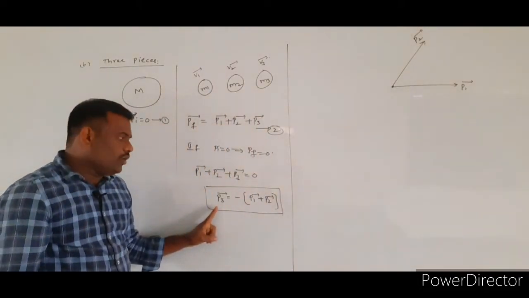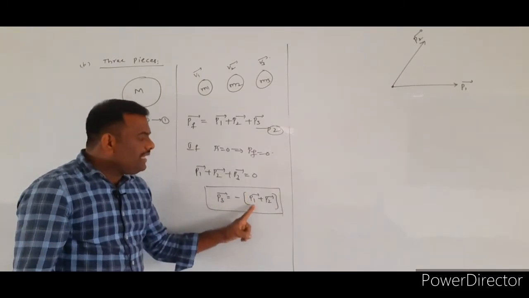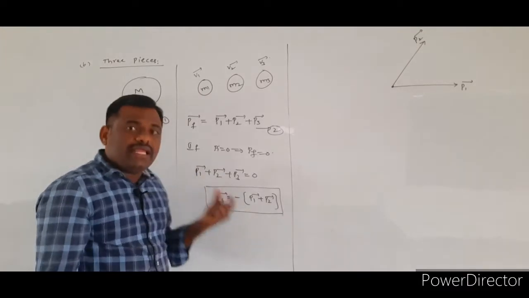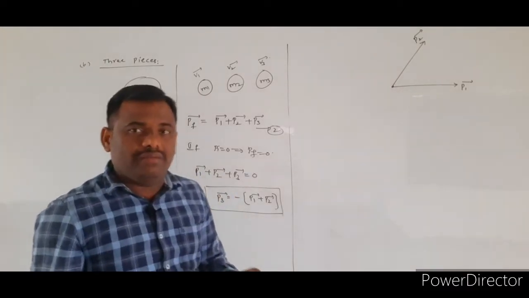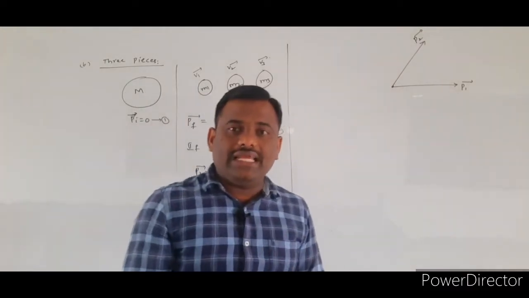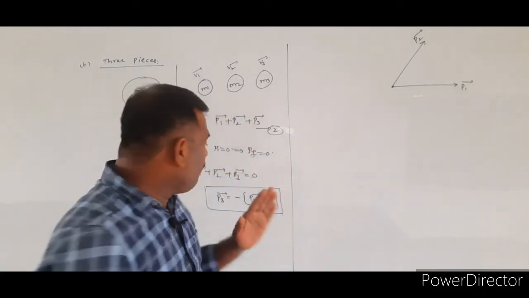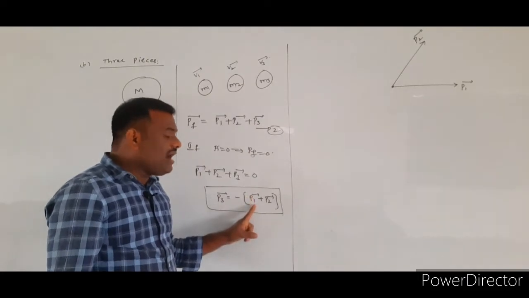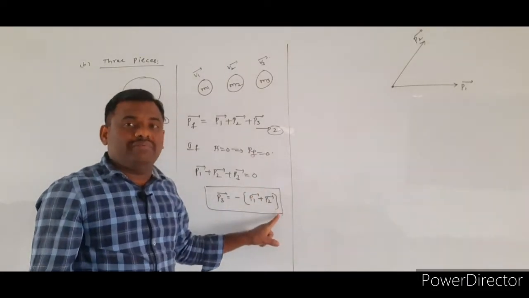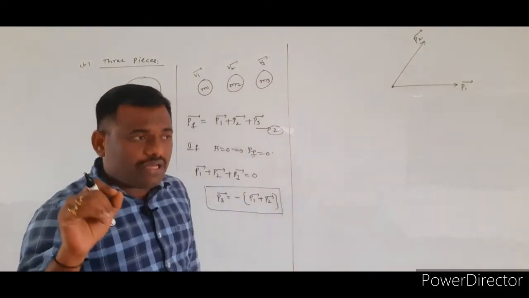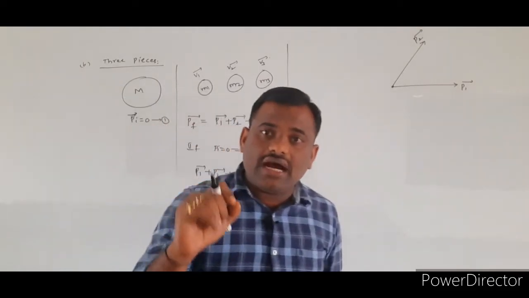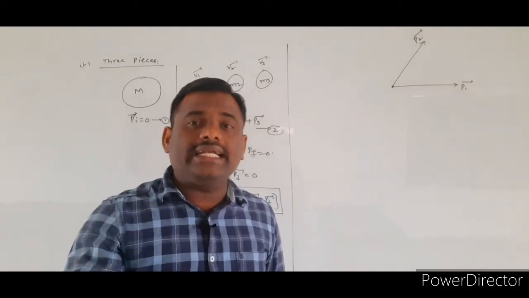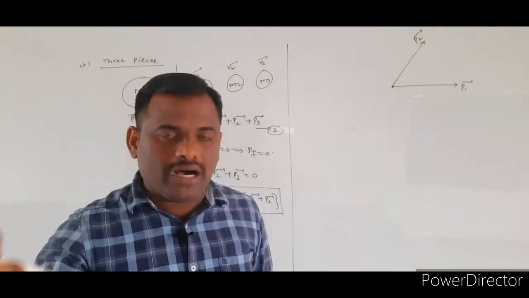Here P3 bar is equal to minus of P1 bar plus P2 bar, meaning what? P3 bar will be in a direction which is opposite to the sum of P1 bar plus P2 bar. The direction of P3 bar will be opposite to the resultant of P1 bar, P2 bar.